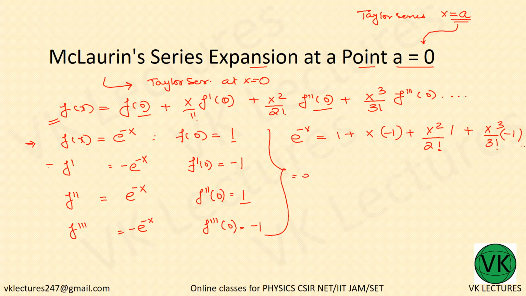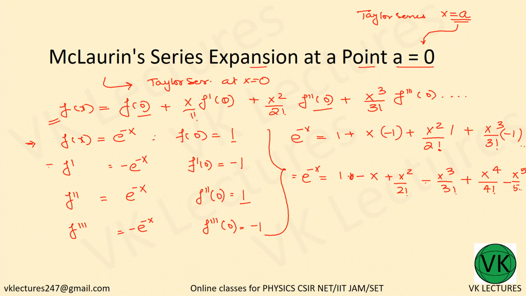Now let us write e to the power minus x equal to 1 minus x plus x square by 2 factorial minus x cube by 3 factorial. The next term will be, this is minus plus minus, again it will be plus, it will be x to the power 4 by 4 factorial, and the next term you can say it would be minus x to the power 5 by 5 factorial.